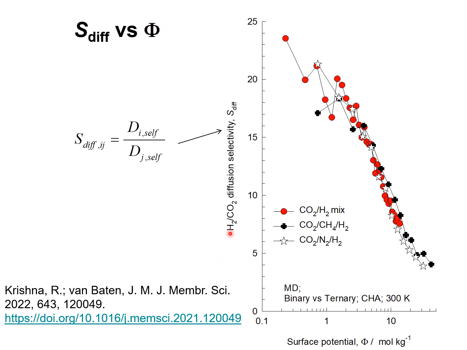As illustration, let's consider the diffusion selectivity of hydrogen with respect to CO2. The MD data for binary and ternary mixtures are plotted here as a function of the surface potential.